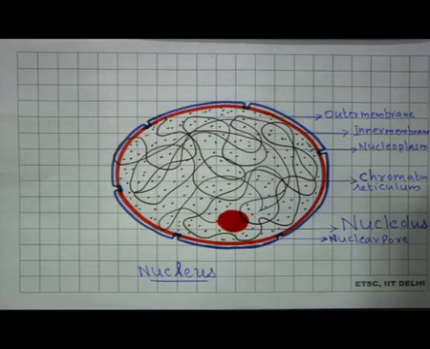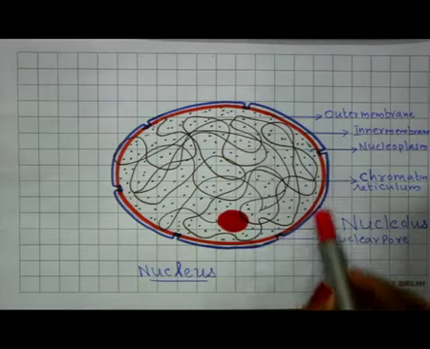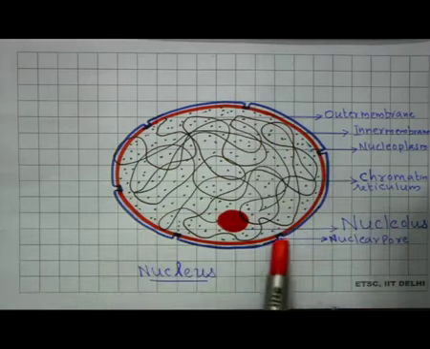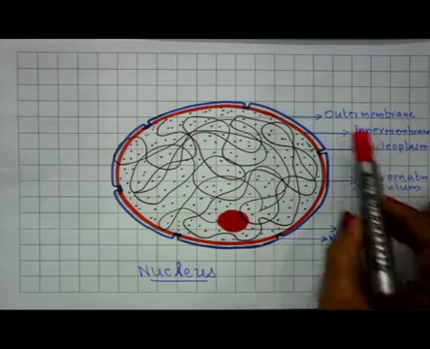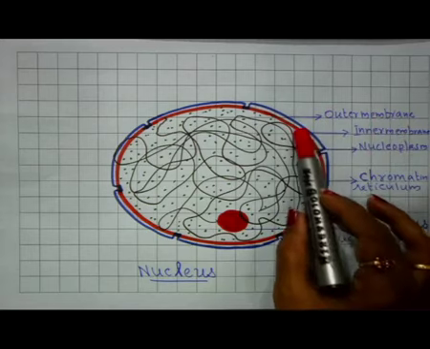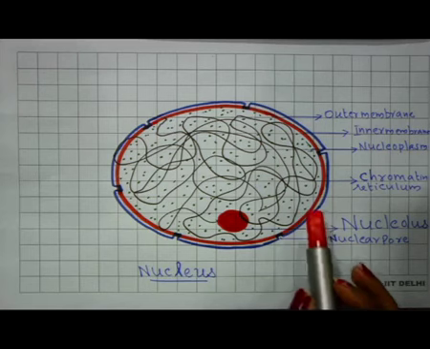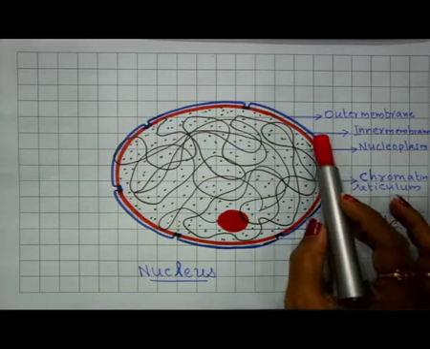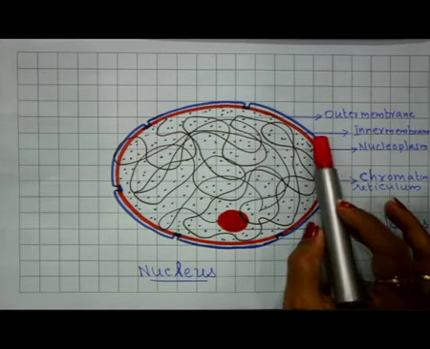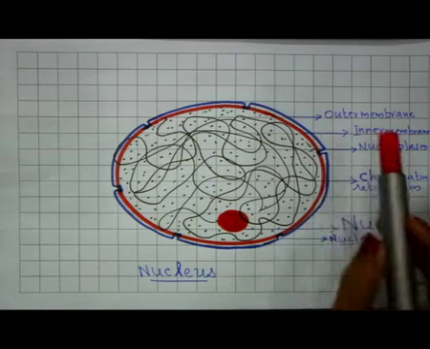Interphase nucleus, with the outermost part. Again it is a double membrane bound organelle having two different membranes, an outer membrane and an inner membrane. Each membrane is made up of lipoprotein in composition, just like that of the plasma membrane.